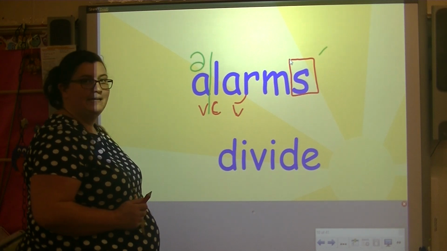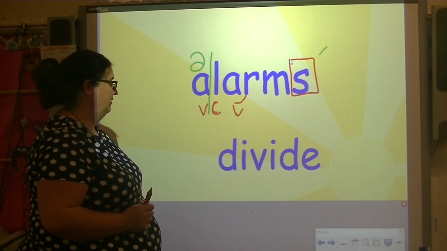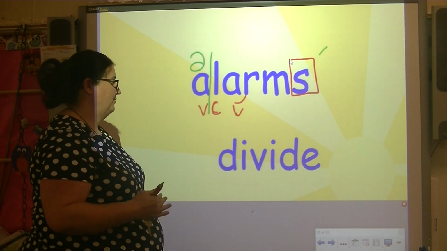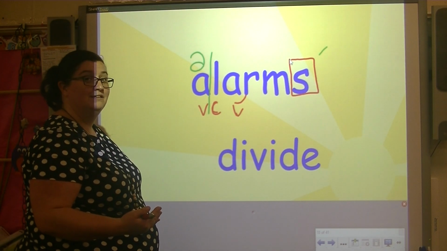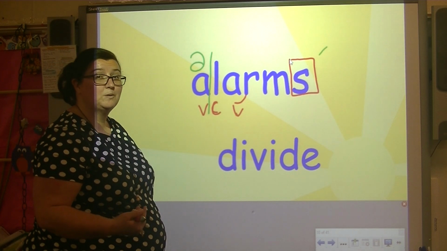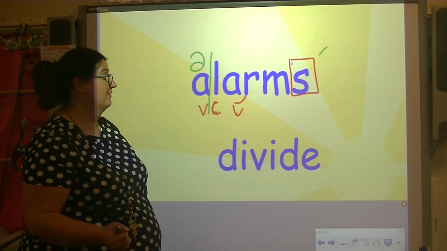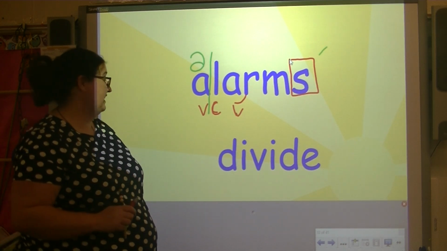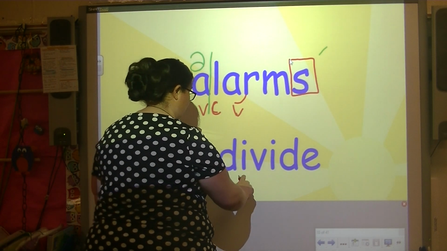What do you see in this word? Do we have any suffixes? No. Final stable syllables? No. Digraphs? No. So we need to go directly to our vowels.